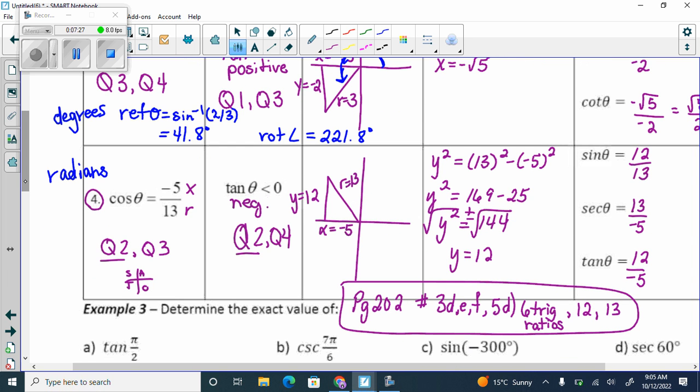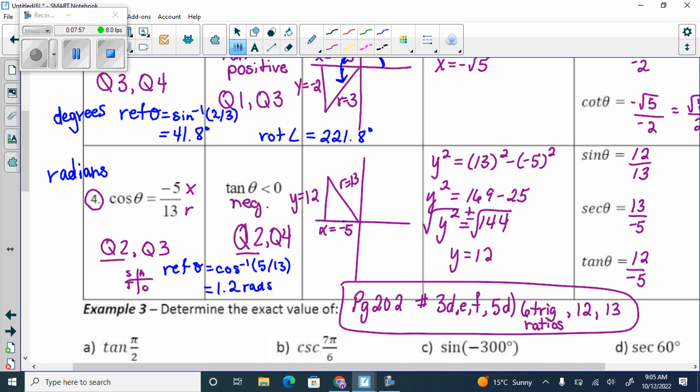Then this one I want in radians. So I do inverse cos of 5/13, positive, not negative. And I get 1.2 rads.